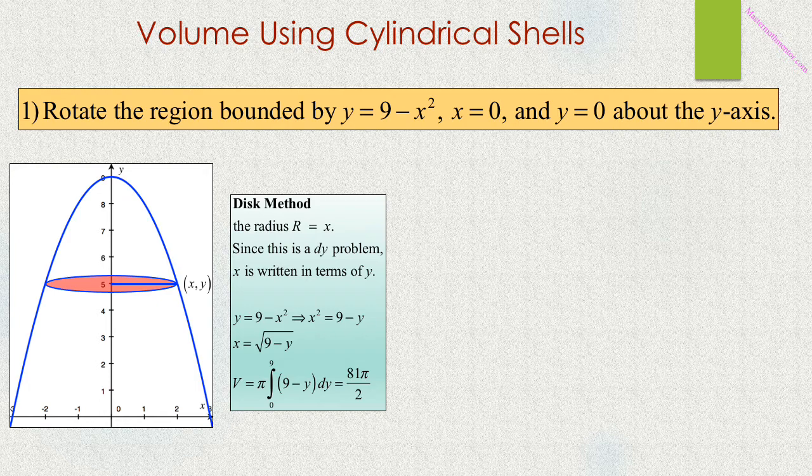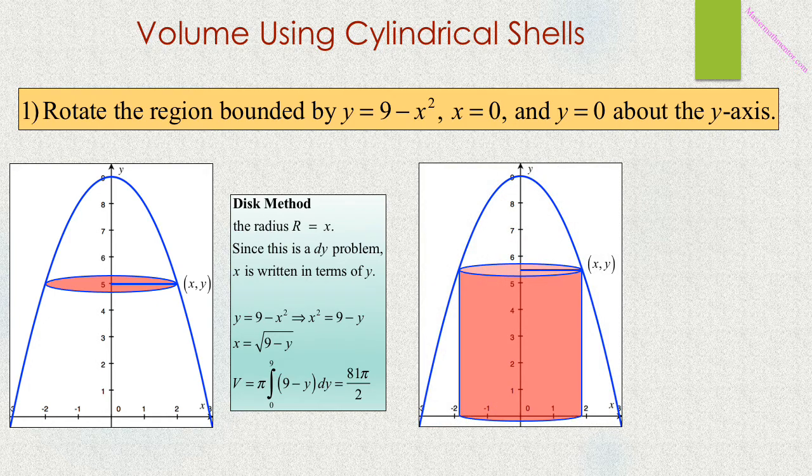This, luckily, is easy. y equals 9 minus x squared, and x squared is equal to 9 minus y, and therefore x is equal to the square root of 9 minus y. So our volume is pi times the integral from 0 to 9, because that is where our disks are stacked, of x squared, which is 9 minus y, dy. And when we do the math, we end up getting 81 pi over 2.